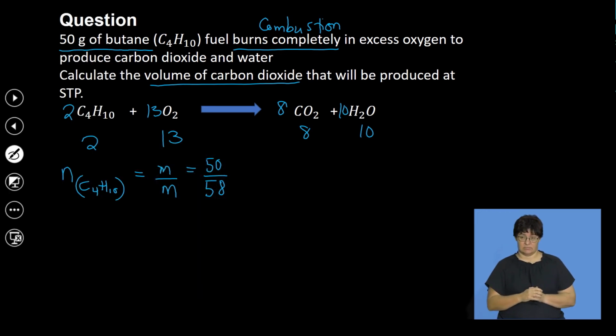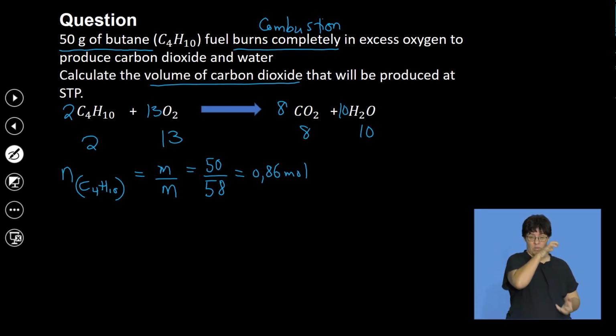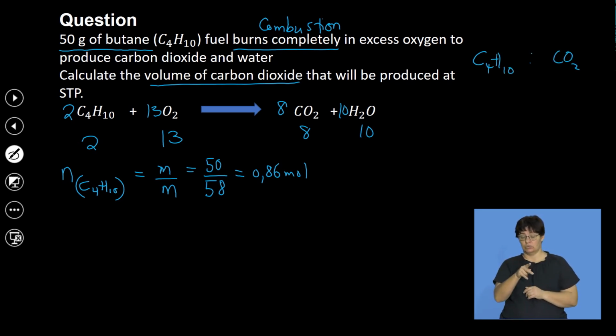So this is 0.86 mole, right? Okay, now we want the volume of carbon dioxide. So 2 moles of butane produce 8. So the ratio of butane, C4H10, to carbon dioxide is 2:8, right?